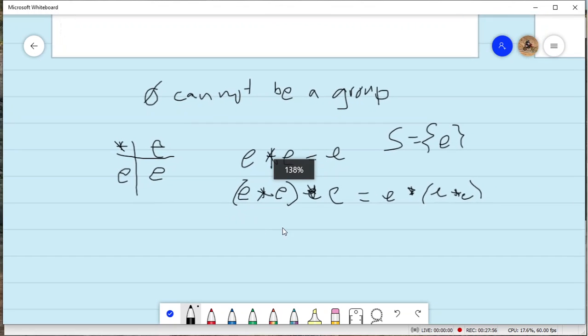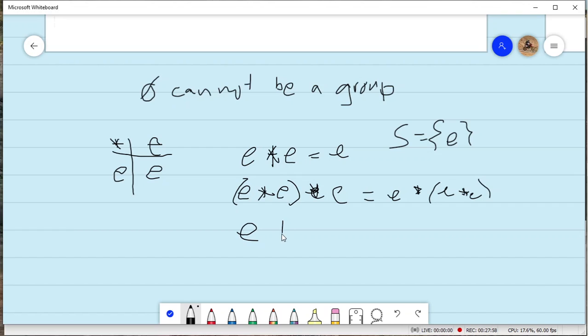Also, we see that there is an element operated to E, such that the result is E. And what is that? By the table, it is E. E operation E gives E, which is the identity element, meaning the inverse of E is just itself. There is just one element in the set, so we just have to find an inverse for that element, and we found that its inverse exists, which is E, which is also in the same set.